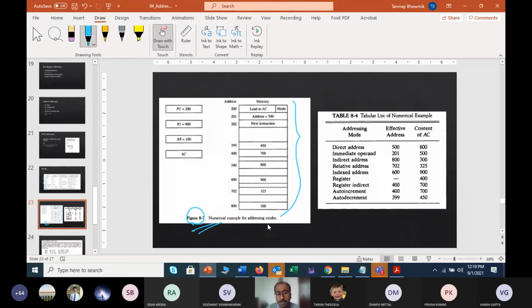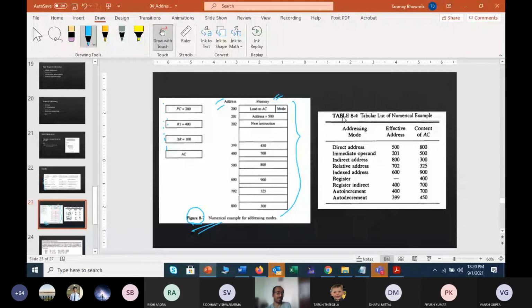In that numerical, you can see that some addresses have been written, a memory has been written, some instruction is written, and some separate things, and the mode has been written. And parallelly, one table has been given on the right-hand side. So what do you need to calculate?